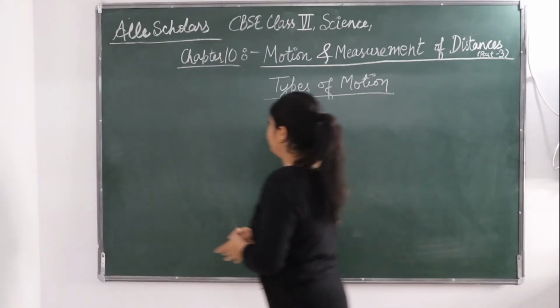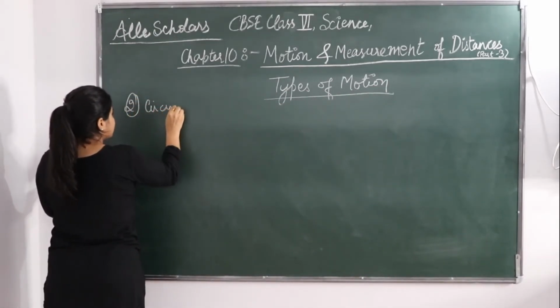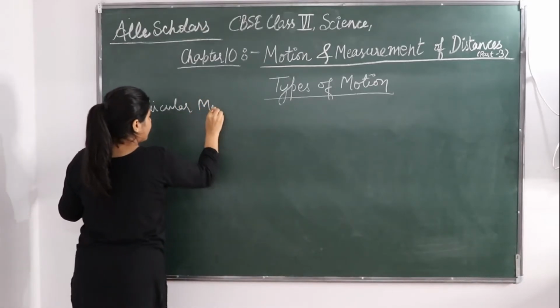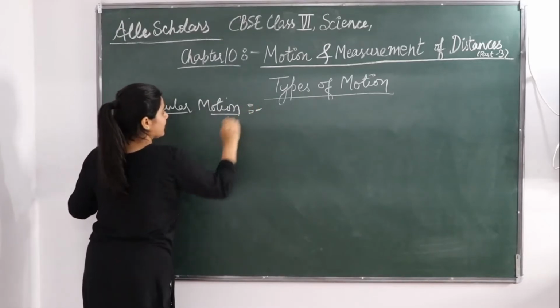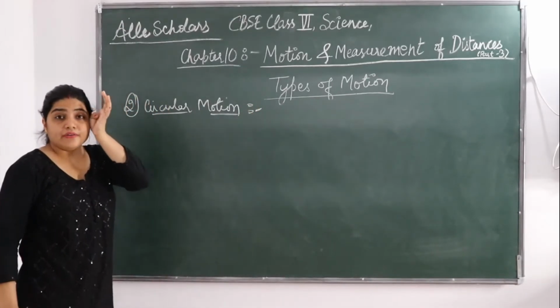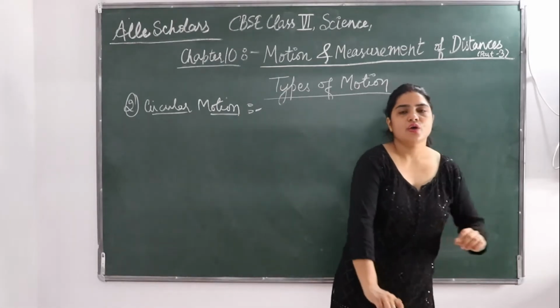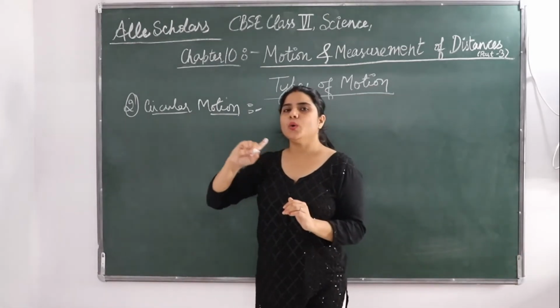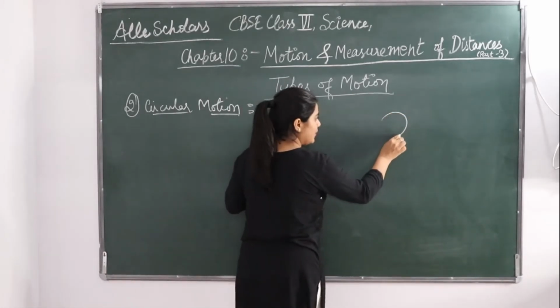Okay, so the second type of motion is circular motion. Fine. So now if we talk about circular motion, when an object is following a circular path, any object which is following which path? Circular path.